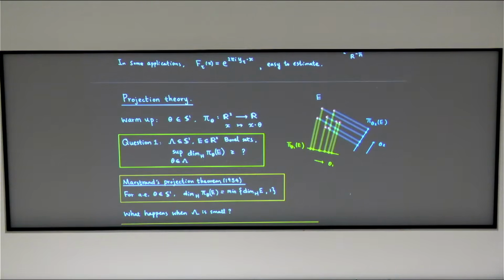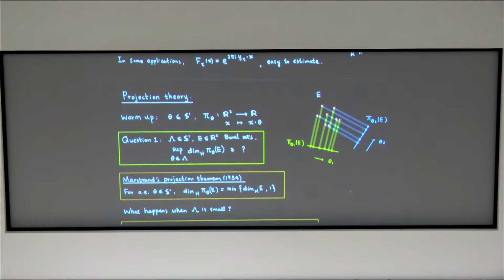So the warm-up question we want to study is: suppose we have a set of directions in the plane, and we also have a Borel set E in the plane. Can we find a direction in our set of directions such that the Hausdorff dimension of the orthogonal projection image is large?